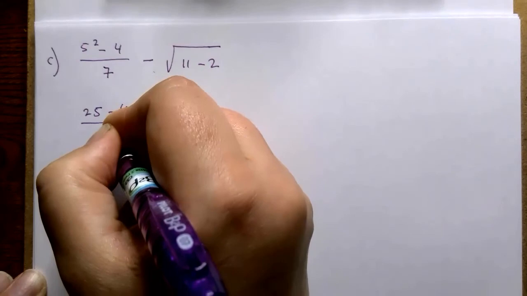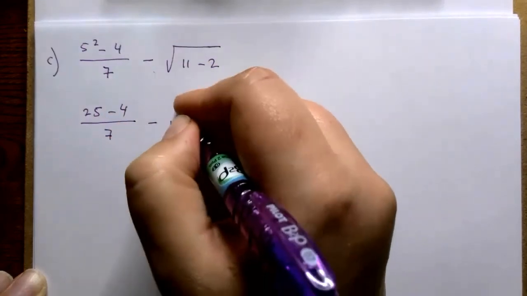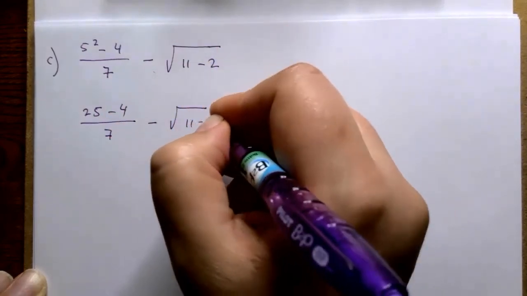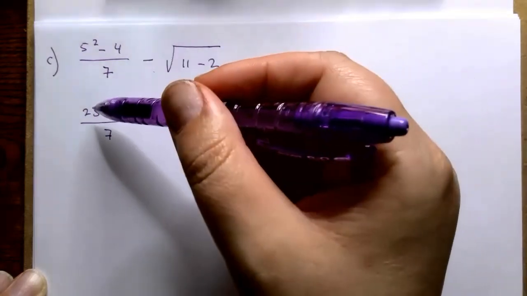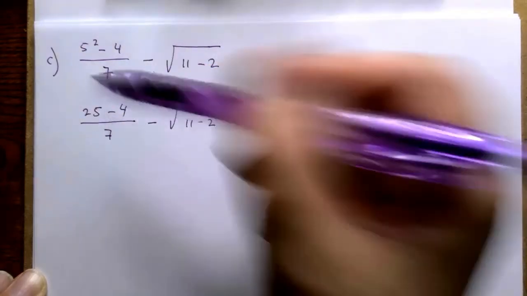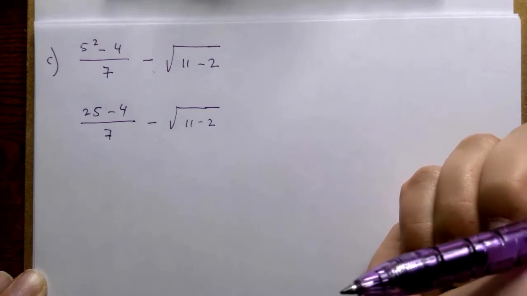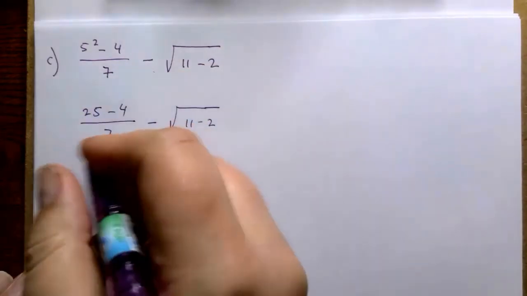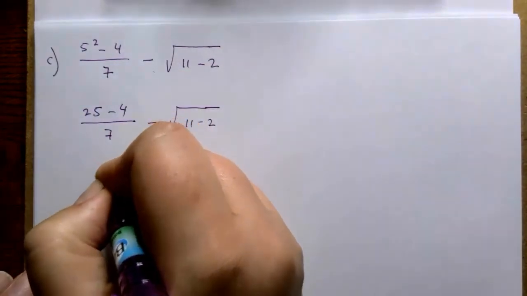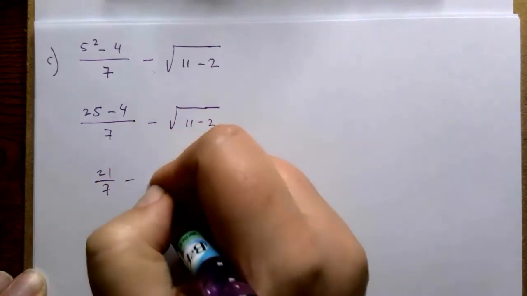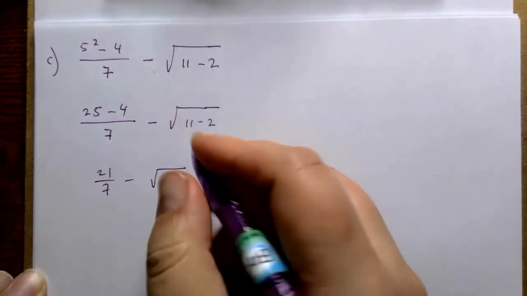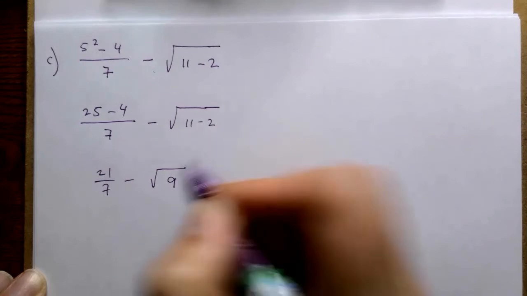Copy the rest. And in the next step, I'm going to perform my subtractions. So 25 minus 4 is 21. And 11 minus 2 is 9.